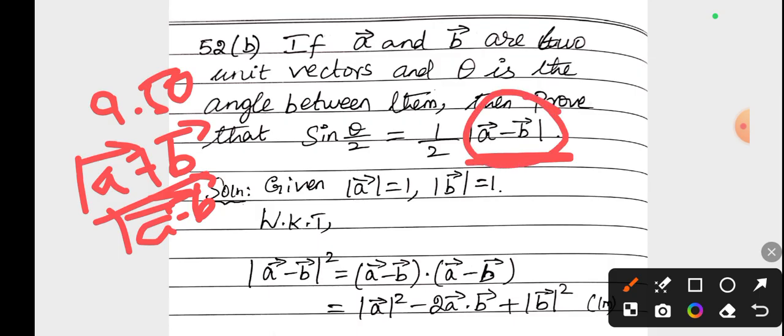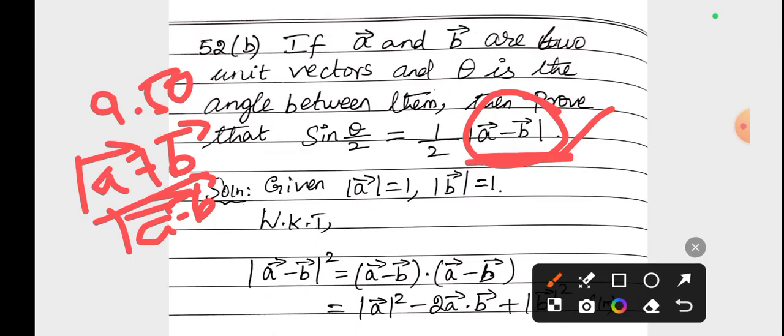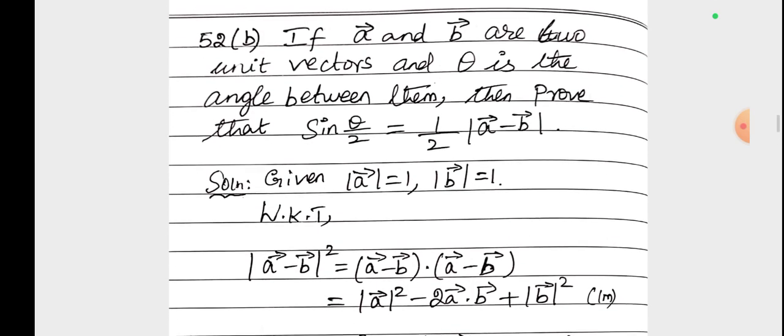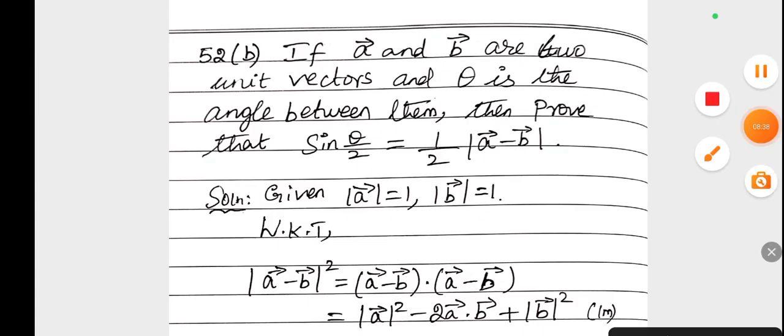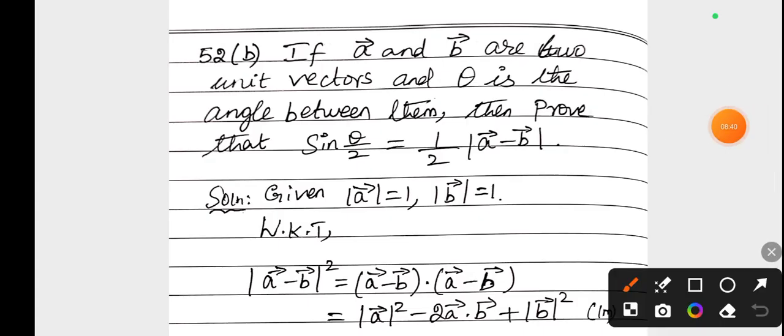In the 50th sum we did A plus B whole square and expanded it, but here magnitude of A minus B alone is there. There they have given the same magnitude, so we took magnitude of A and magnitude of B equal to M. I am talking about the last video, children, all are continuous, so important. Anyone who didn't see the other sums, kindly complete those sums and come, so the continuity will be easy for you.